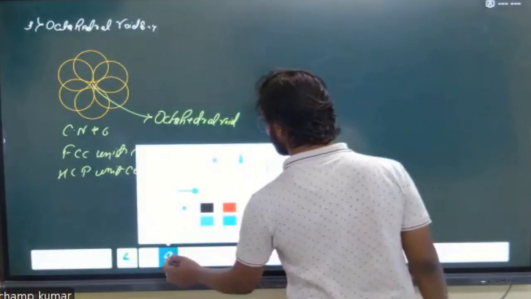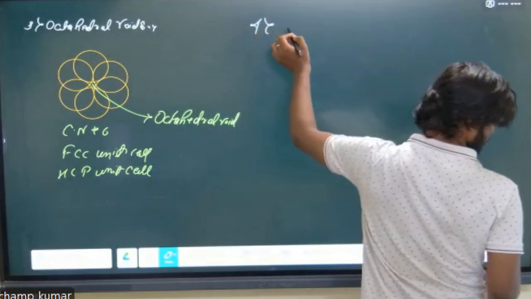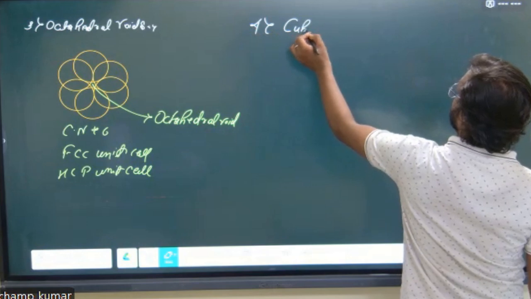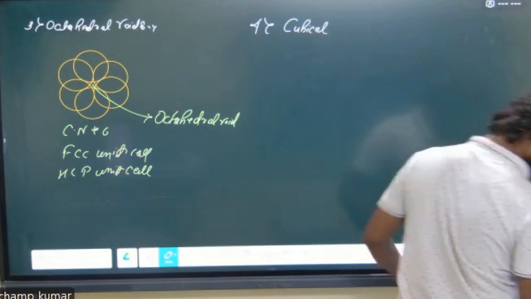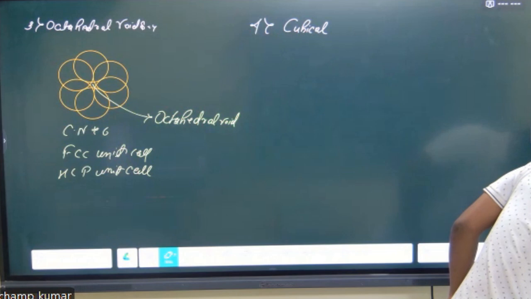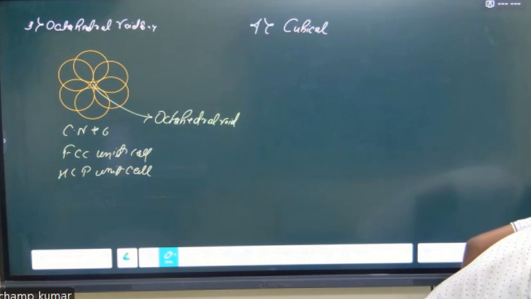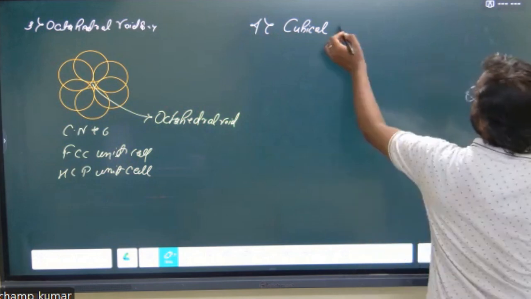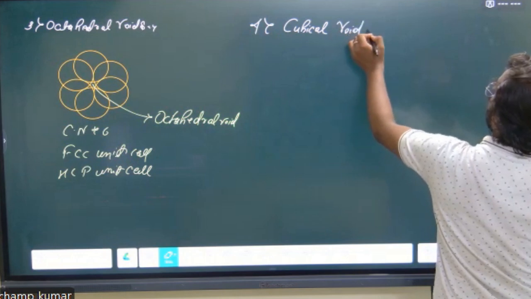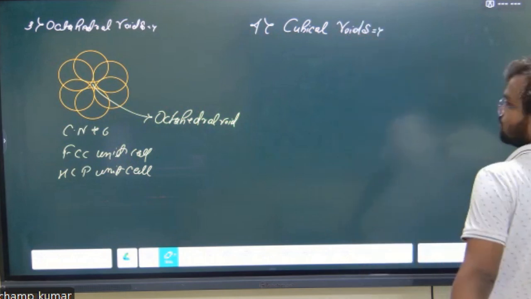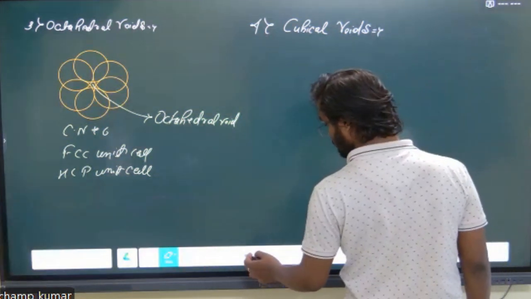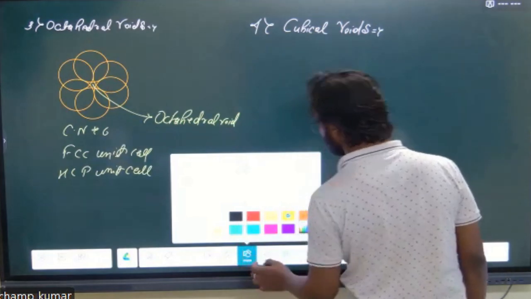Now our next void is the cubical void. So what is the cubical void? In a cubical void, we are going to place the atoms like this.